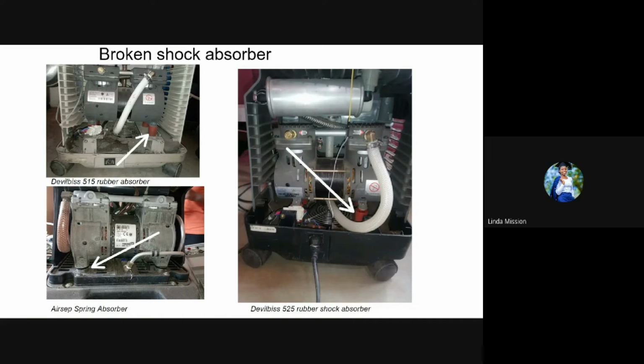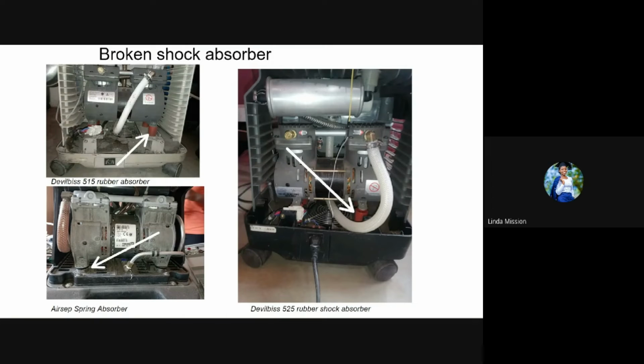While in the J5 oxygen concentrator and AirSafe concentrators, the compressors are mounted on spring shock absorbers. As can be seen in the graphics, all the vibrations produced as the compressor is working are absorbed by these.